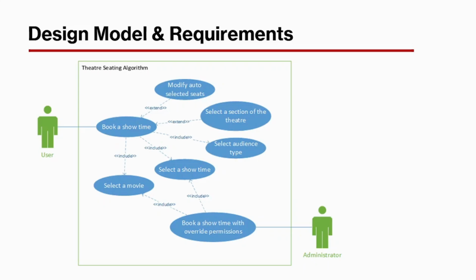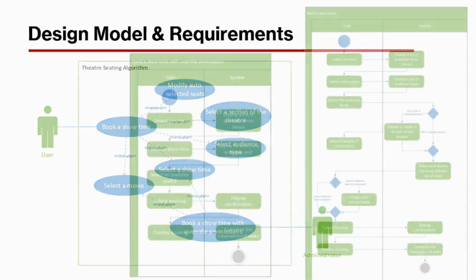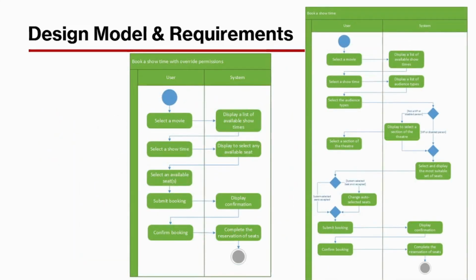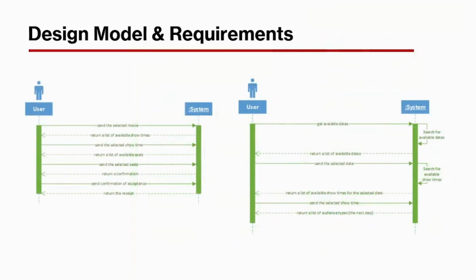Here in this diagram you can see how these two actors are involved with the main use cases of the system. Then I created activity diagrams for each use case that represent the flow of those use cases, and also sequence diagrams like this.